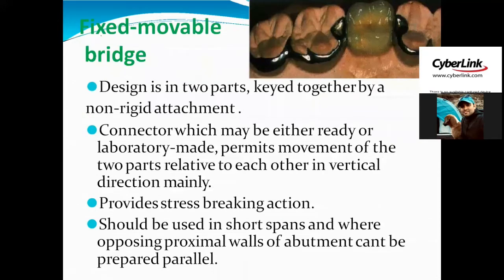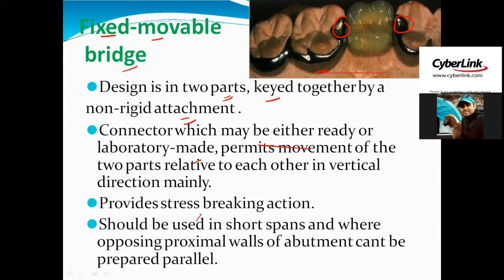Then come to your fixed-movable bridge. The design is in two parts. In the picture you can see they are keyed together by a non-rigid attachment. These are the connectors. The connectors, which may be either ready-made or laboratory made, permit movement of the two parts relative to each other, mainly in a vertical direction.